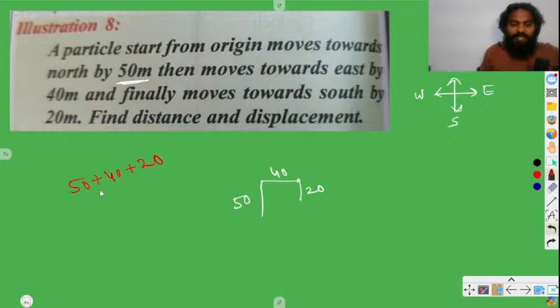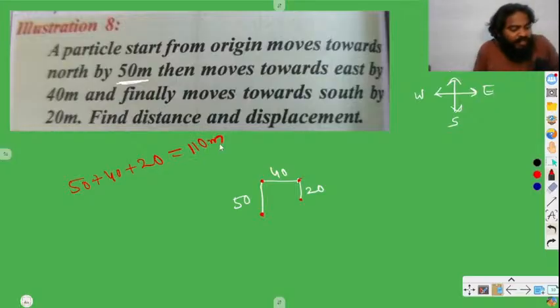What is distance? The particle started from here, went to here, and to here. So the total distance is 110 meters.